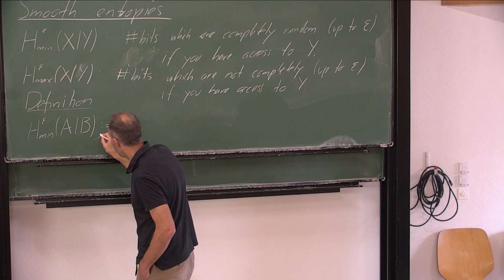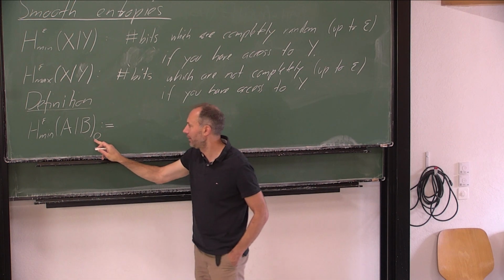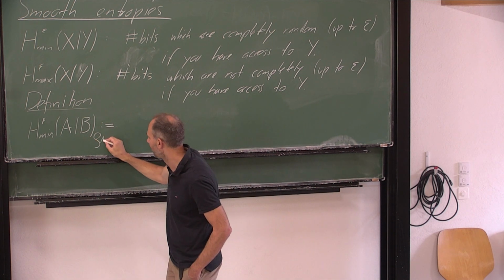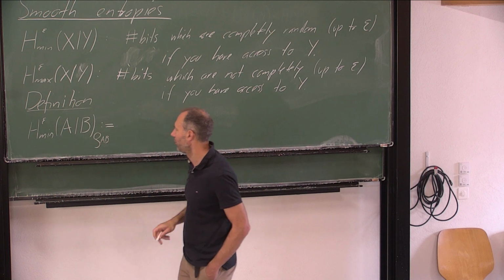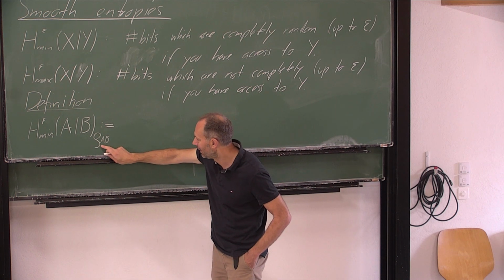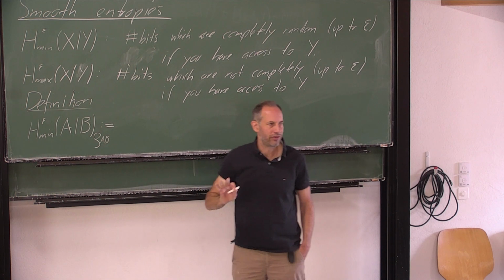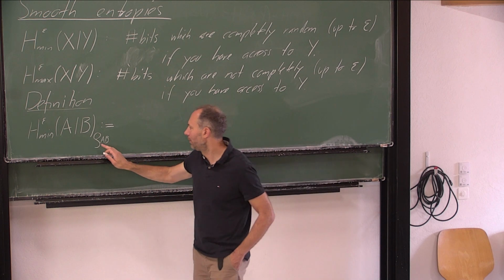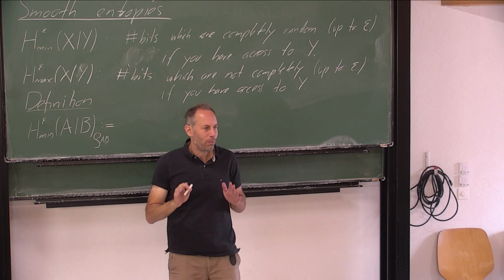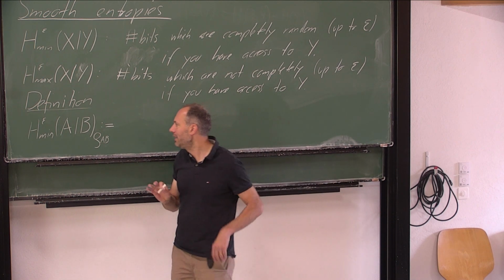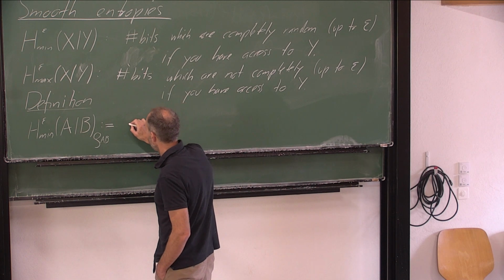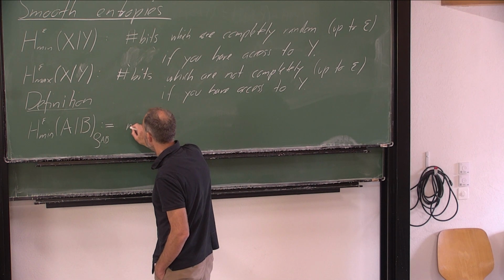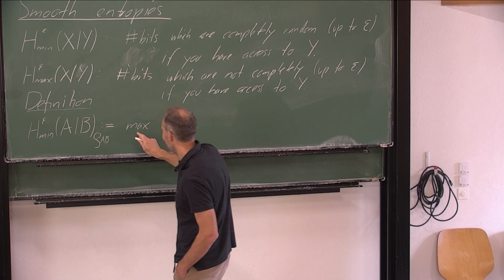And sometimes we write the density operator here as a little subscript, so it's a density operator over systems A and B. Of course, one usually doesn't write A and B here, but I do that once so that you are aware. We start with an object, the density operator on A, B, and now there is a definition. This may be confusing, that there's a maximum here.